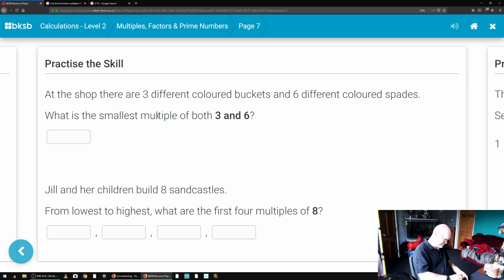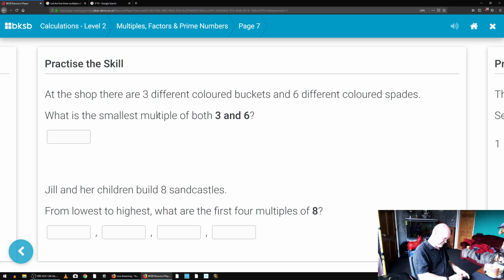Do that again so I can fit them on the page. 3, 6, 9, 12, 15, 18, 21, 27, 30. So I've gone up to 10 times 3, which is 30. 3, 6, 9, 12, 15, 18, 21, 24, 27 and 30.